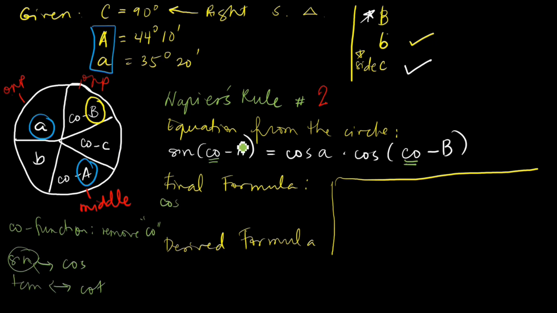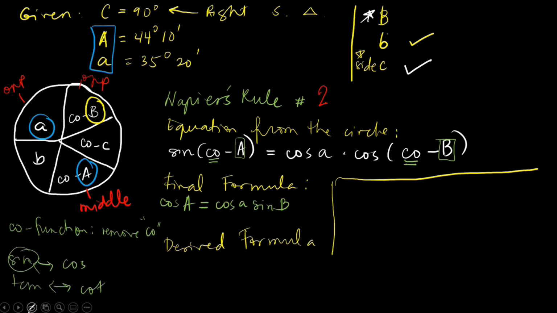So cosine of angle A equals, copy cosine of side A. Cosine of the complement of B, removing complement, cosine will be written as sine of angle B. Okay. So use cofunctions. Again, the sine here was replaced by cosine because it has the CO. And then the cosine here was replaced by sine because it has the CO.